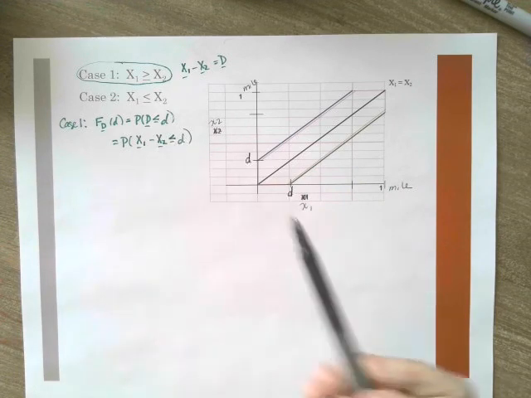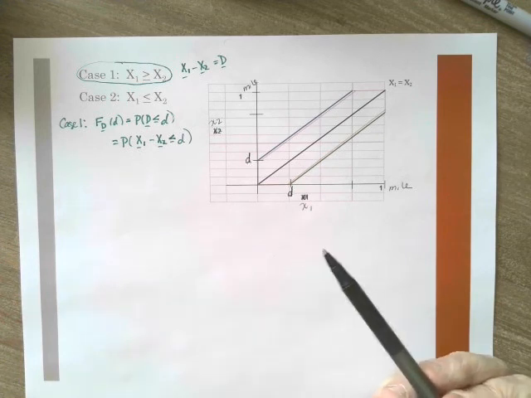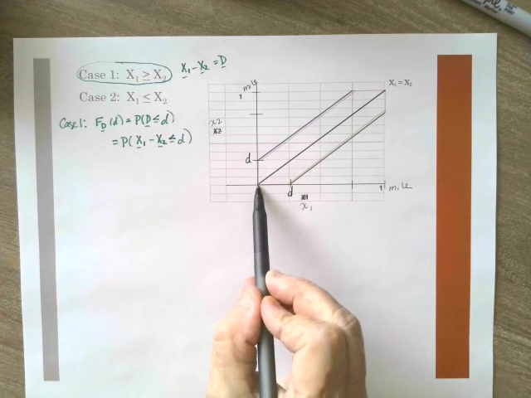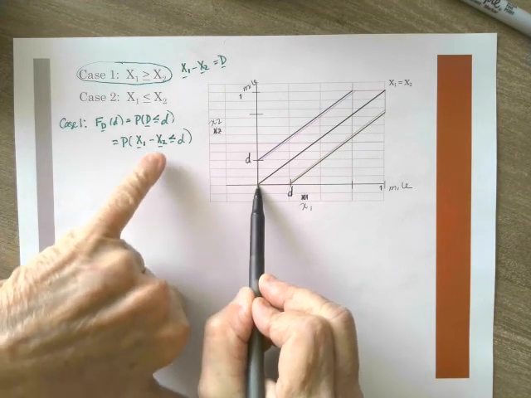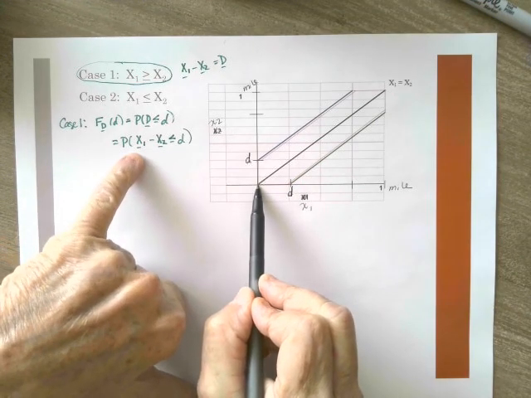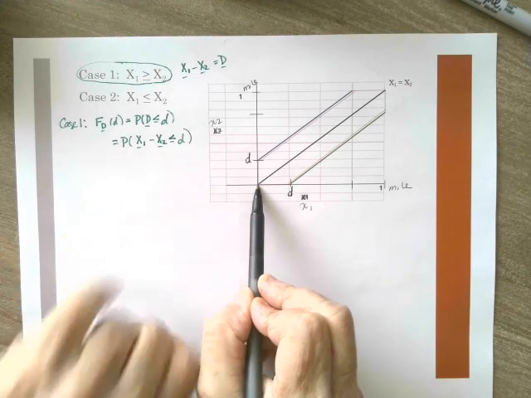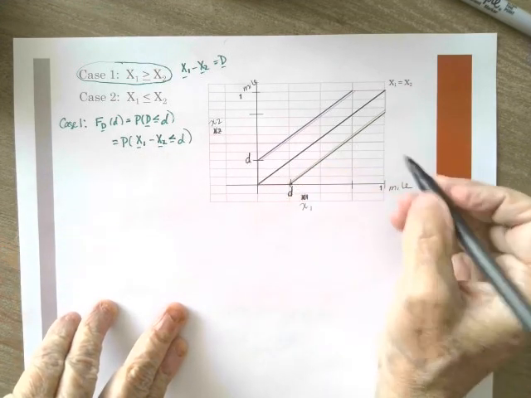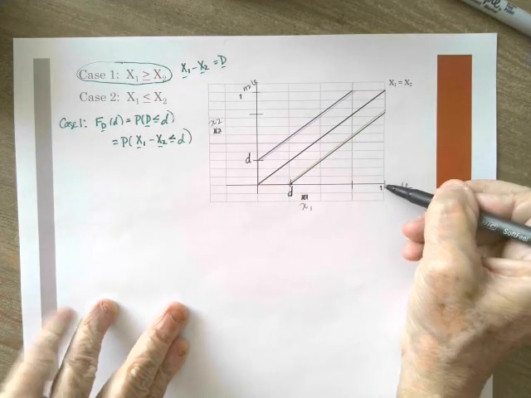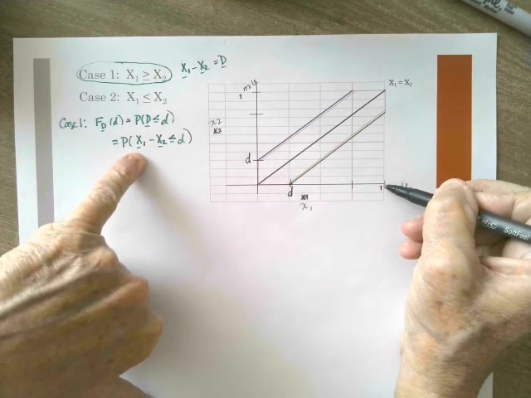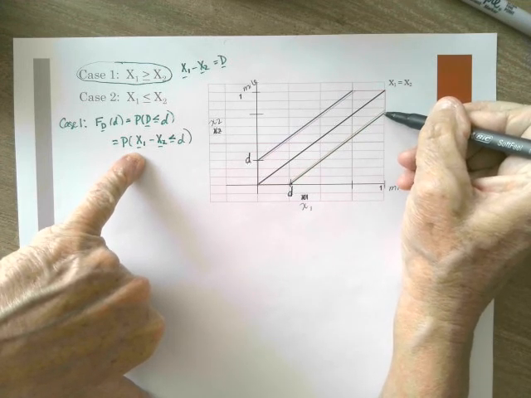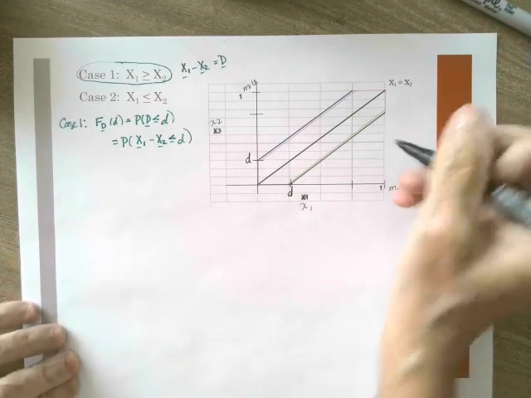So if I just plug in a couple of values, for example, if I plug in x2 is 0, which puts me right here, then x1 is going to have the value d. So that's going to be this point right here. And then I could plot another point as well. If I were to make x1 equal to 1, then x2 is going to be 1 minus d. So just the coordinates here to point out.